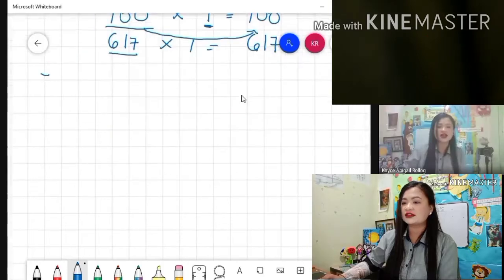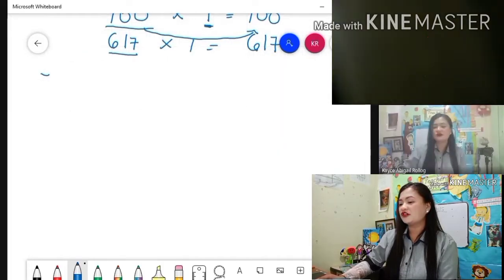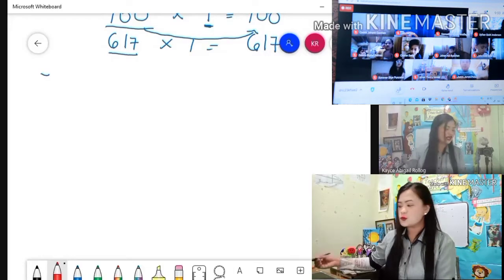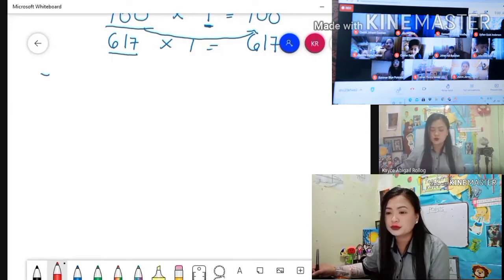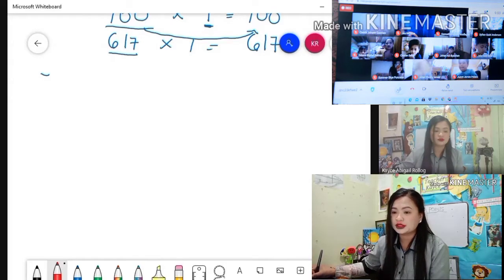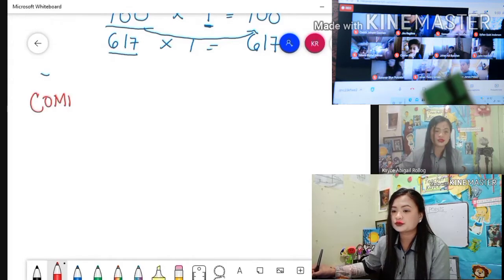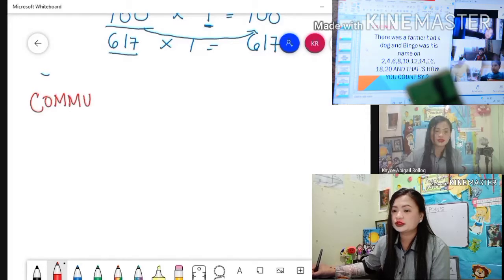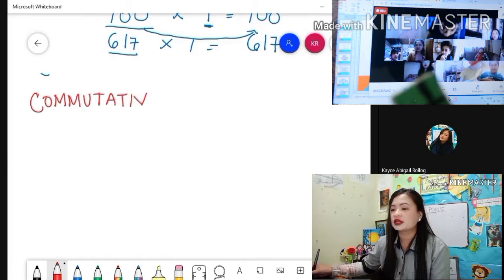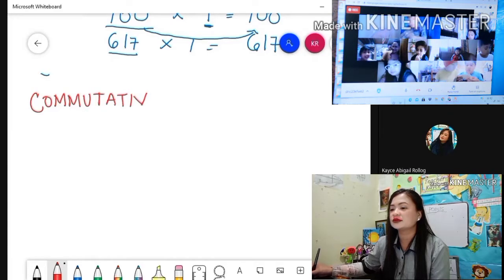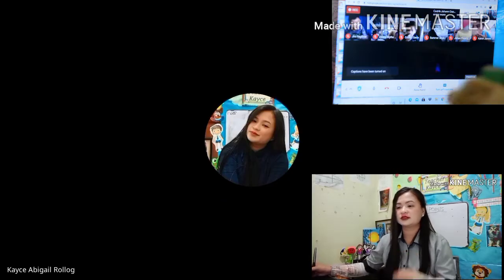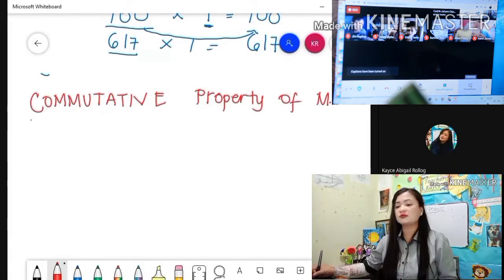Okay, let's have the other property of multiplication. We'll have the commutative property of multiplication. What is commutative property of multiplication?